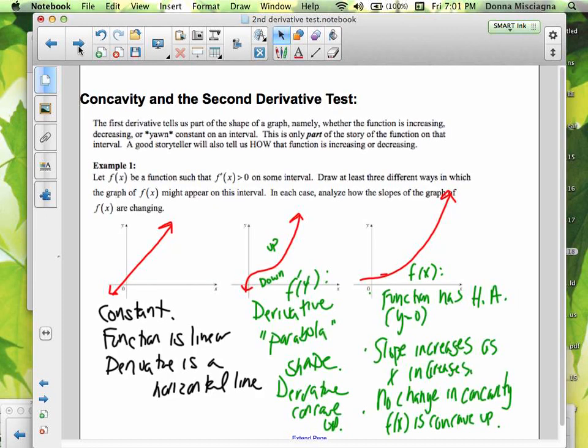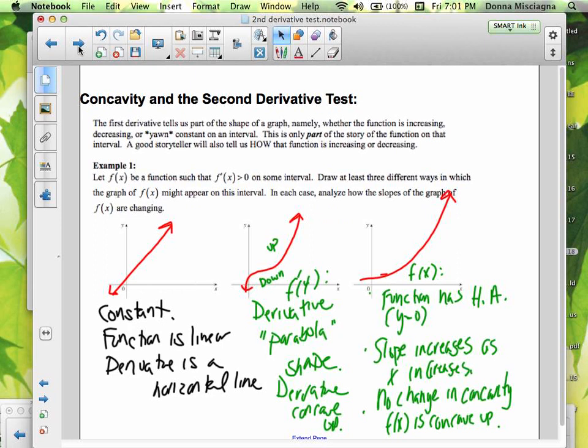All right, so concavity and the second derivative test. The first derivative, and this is in your notes, and I'll fill it in with my lovely handwriting, tells us part of the shape of a graph, namely whether the function is increasing, decreasing, or constant on the interval. This is only part of the story of the function on that interval. A good storyteller will also tell us how the function is increasing or decreasing.